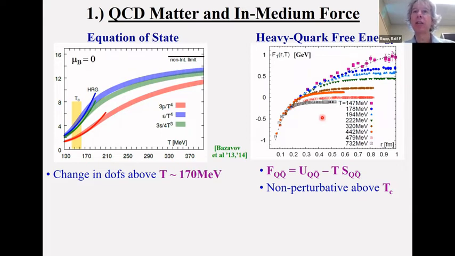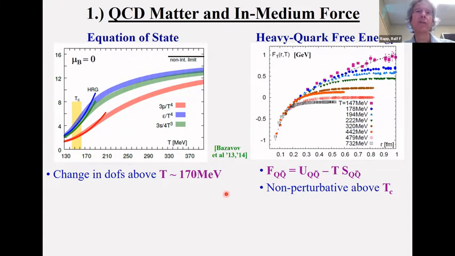And as it turns out, in the zero temperature limit, it is the heavy quark potential, which is, of course, very well established. Now, what the free energy data already tell us, and that is certainly not a surprise, is that even above the critical temperature, there still seem to be rather substantial non-perturbative effects.